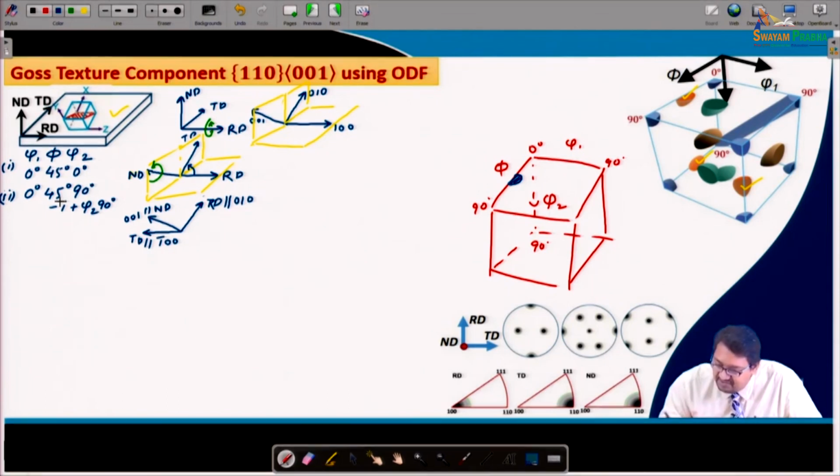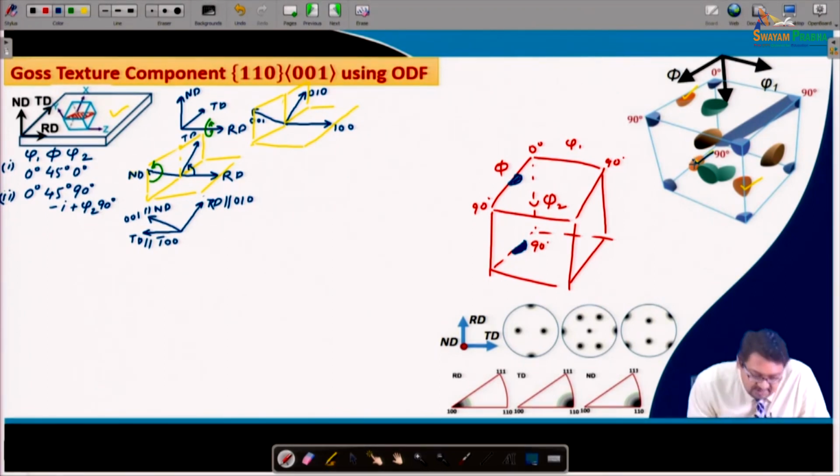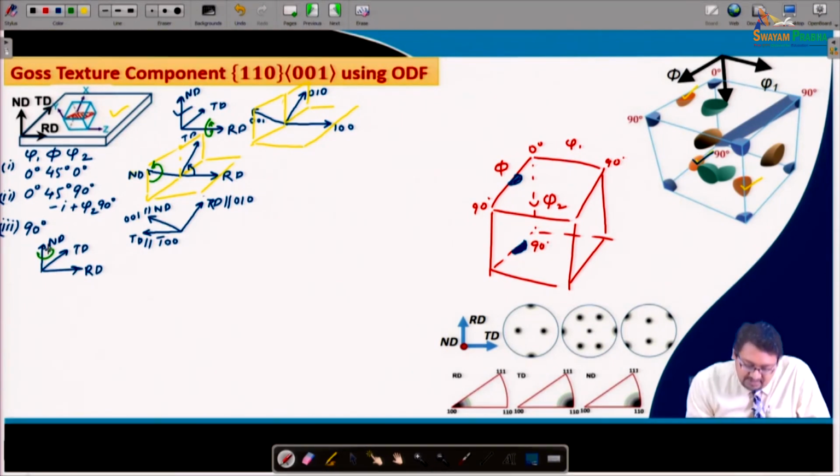Now, what is 0 45 90 degree? So, phi 1 is 0, 45 along phi and 90 degrees along phi 2. So, this is the position that we have shown earlier. Now, the third position of the rotated cube is basically, you see, if we rotate phi 1 by 90 degrees, and let us take this first one, ND, TD and RD, and let us rotate by 90 degrees about ND, and then what will happen?